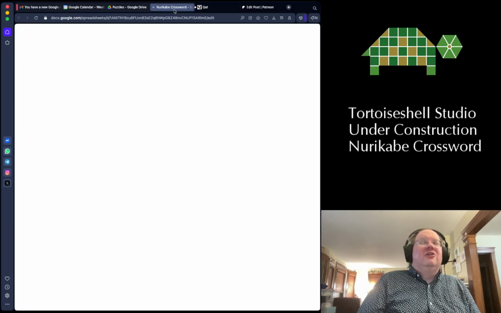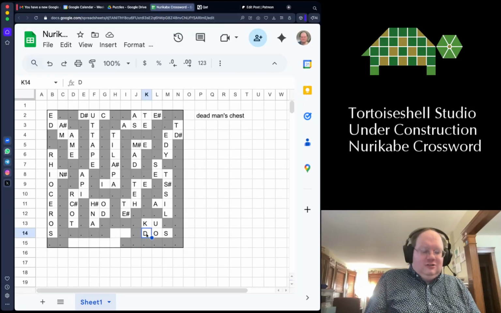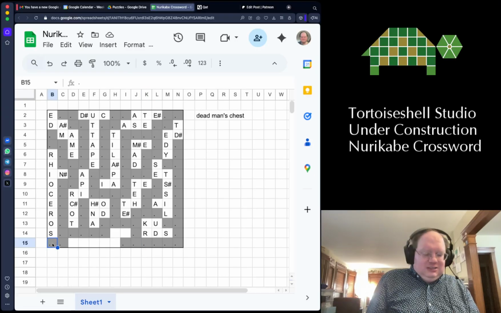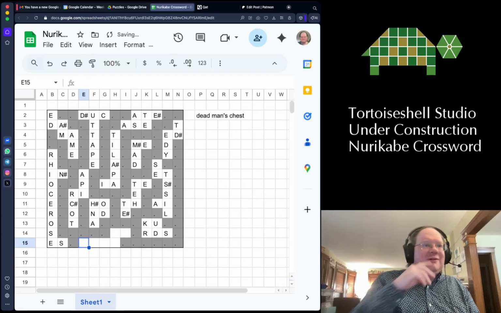Maybe it's curds. There. So now we have something like swords or shards.